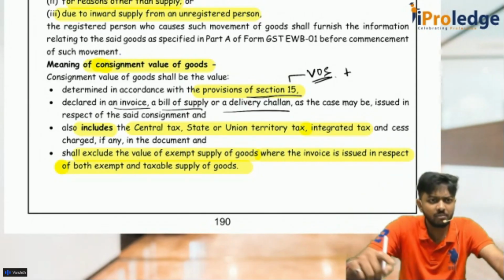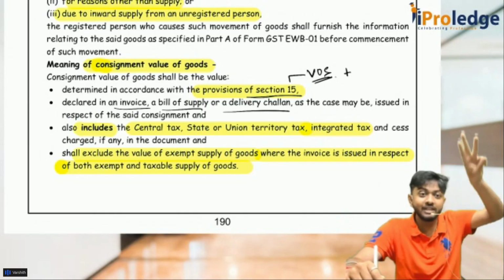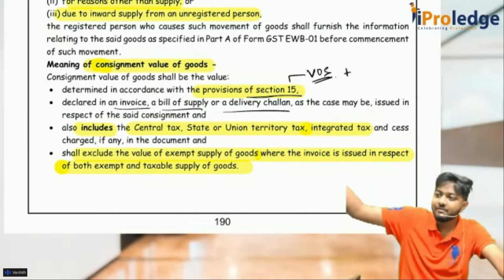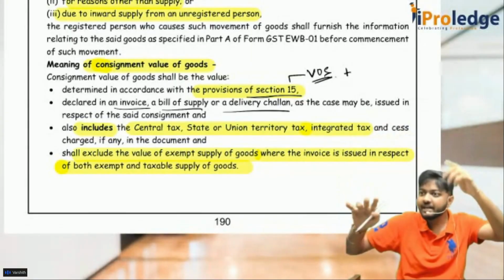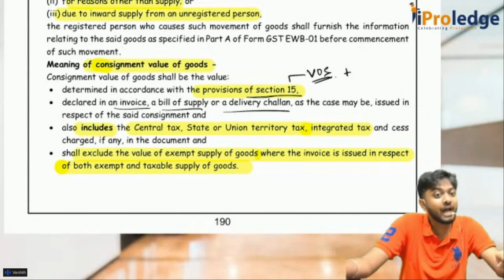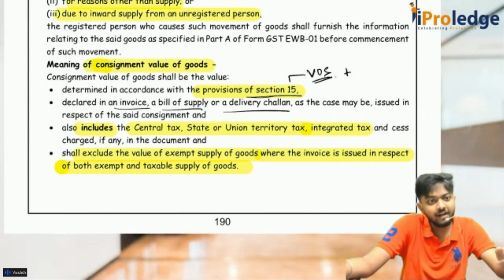That means what? Exempt supply? The exempt supply definition, you remember, three things will come under it. Not only goods exempted under section 11. We read that big list. Not only that, exempted goods exempted by government, non-taxable supply like alcoholic liquor, and then nil rated supply.